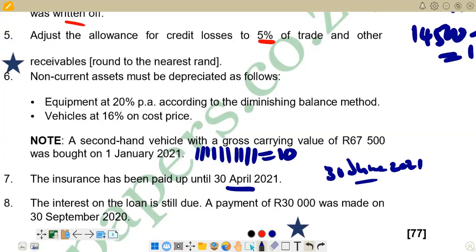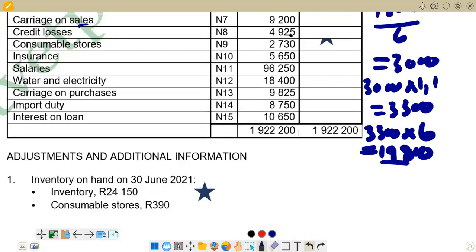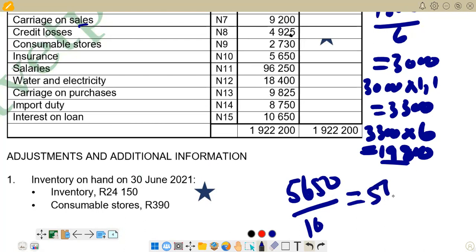So basically, let's go back there and find out the actual amount that was paid for insurance. We have 5,650. So we're going to say 5,650 divided by the 10 months that represent this amount, and obviously we're going to get 565. This is the monthly payment for insurance.